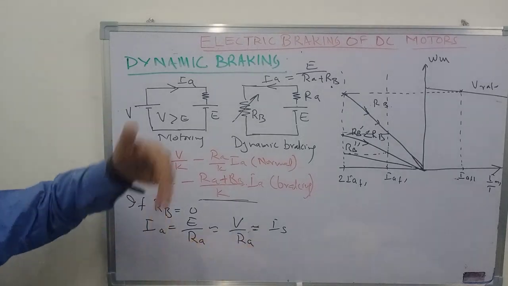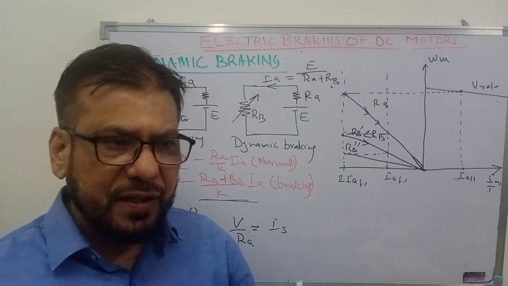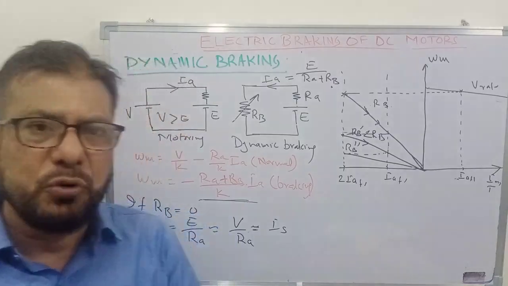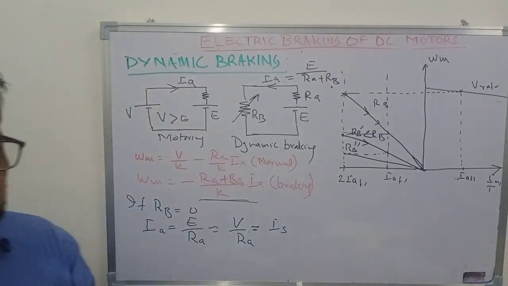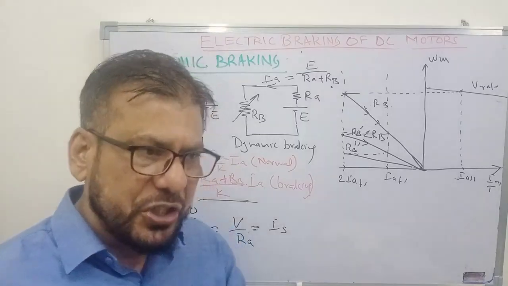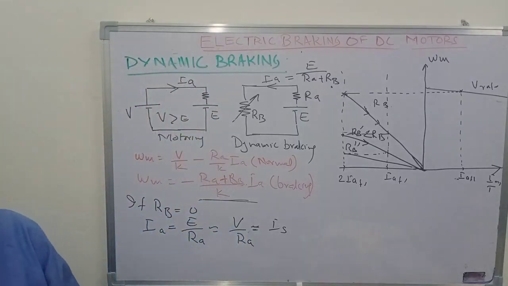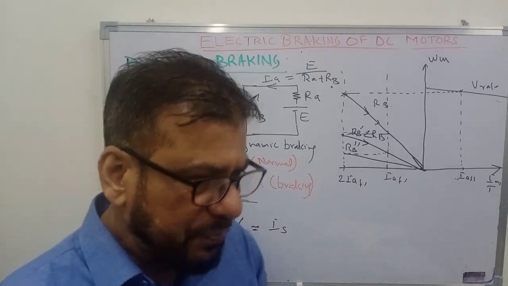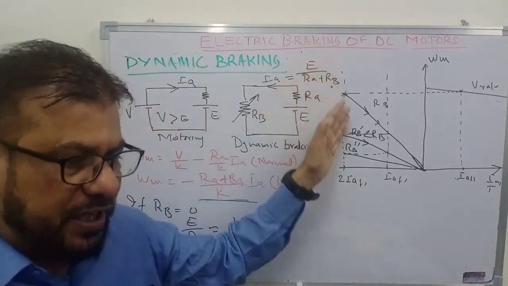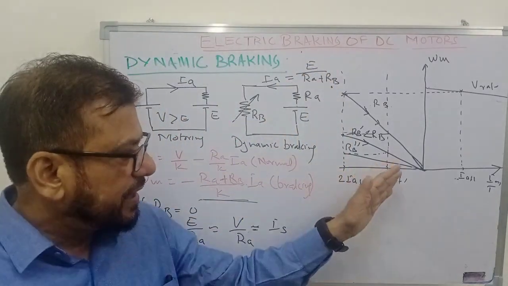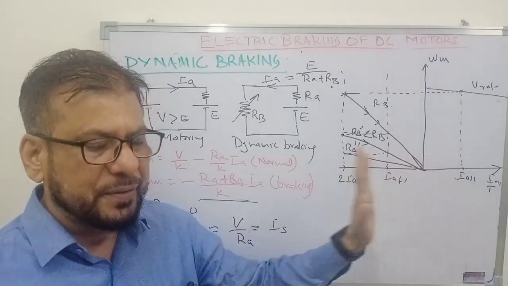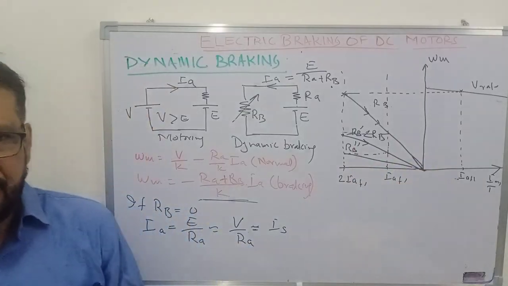So you can insert the same resistance that you used when you were starting the motor. So that same starter can be used, and you can reduce the braking resistance gradually in steps, so that enough braking torque is obtained and the motor stops quickly. So this is what is known as dynamic braking.